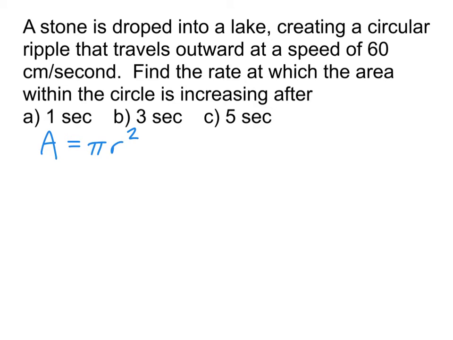Now, if I take the derivative of this, though, let's think about what that would really mean. If I take the derivative of this function as it's currently written, yeah, A prime would equal 2 pi r. Hey, that looks familiar. So the derivative would equal 2 pi r.